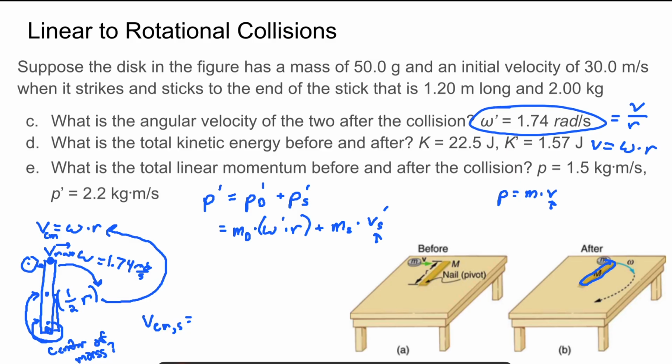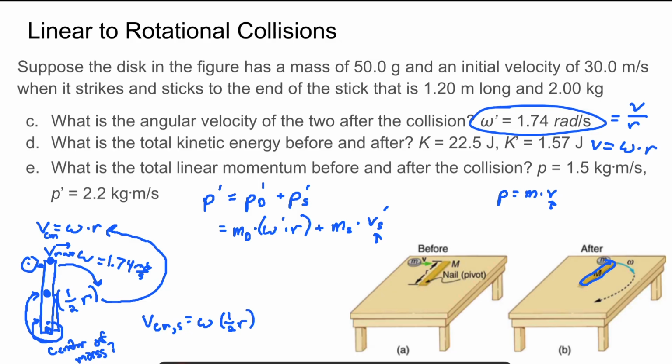So we're looking for the center of mass's velocity here, and our center of mass is 1/2 of the radius. So we'll still take our angular velocity, because all of the stick is moving with that same angular velocity, but then we'll multiply it times, in this case, the center of mass being only 1/2 radius away from that axis of rotation.